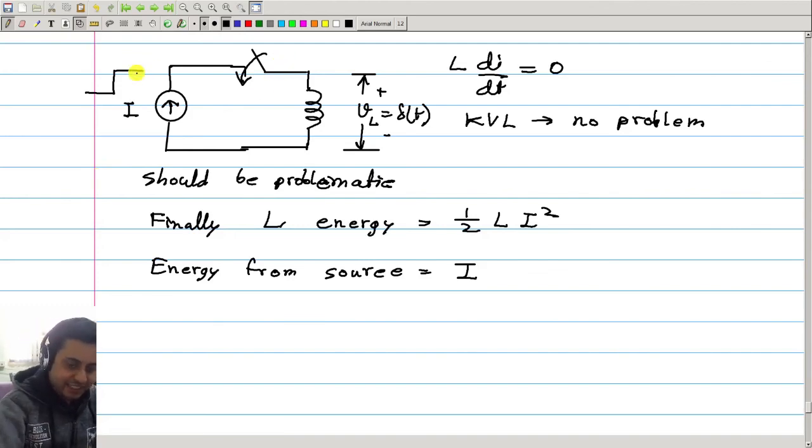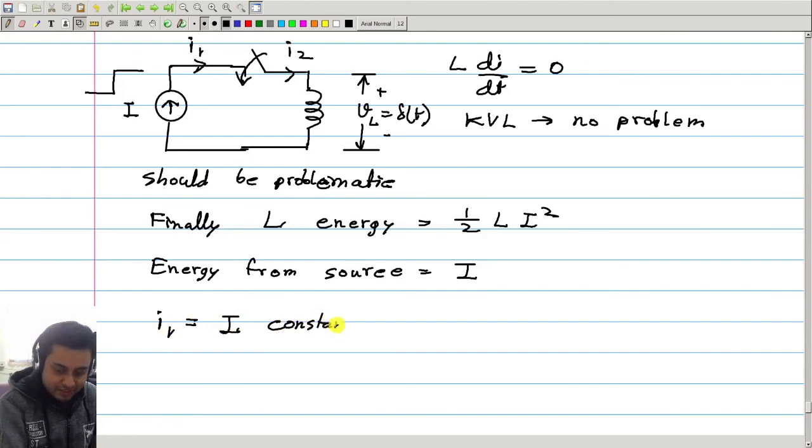The contradiction is this: call it I1, call it I2. I1 should be equal to I constant. That is the definition of a current source. But I2 is I multiplied by u(t). So I1 and I2 are not equal.